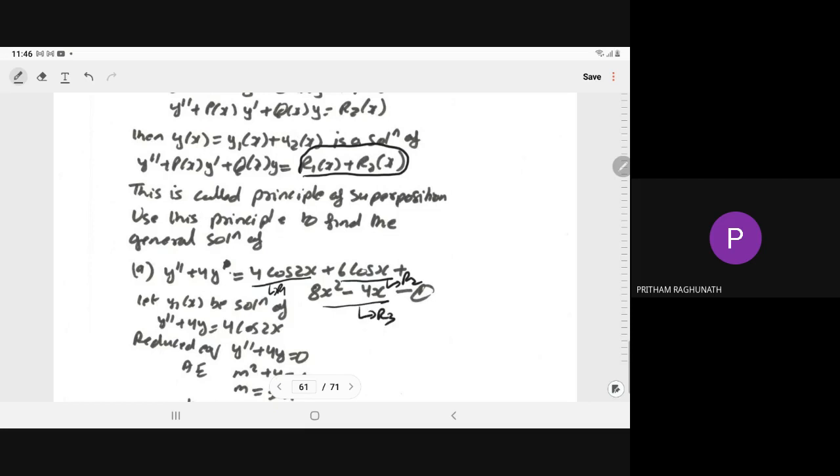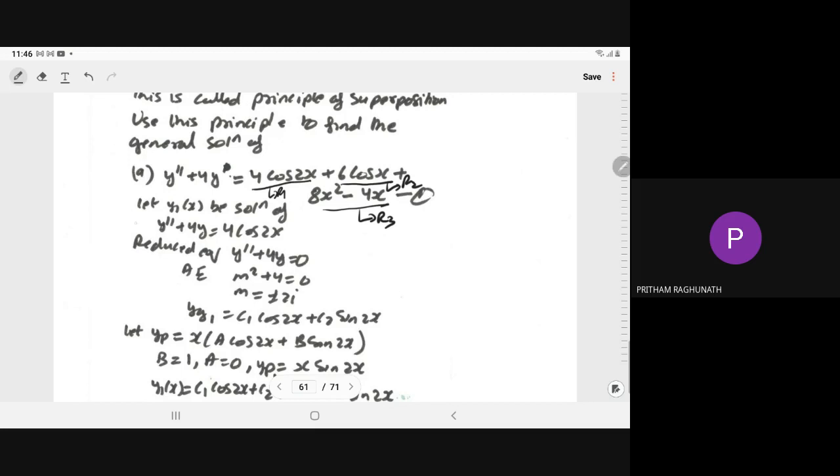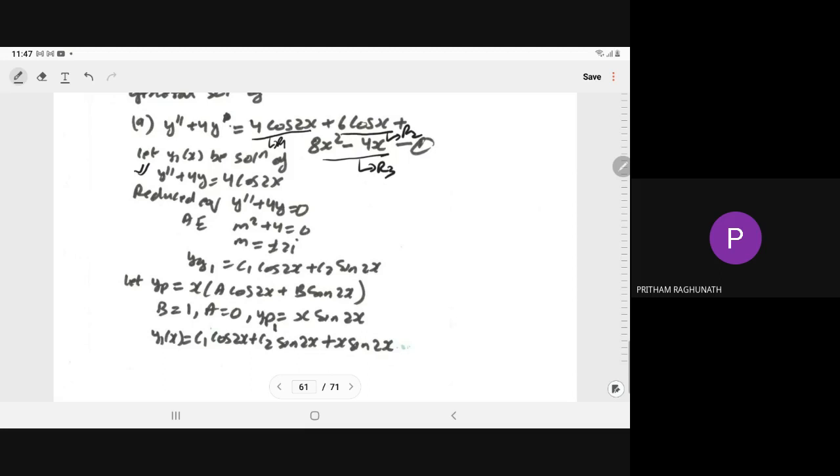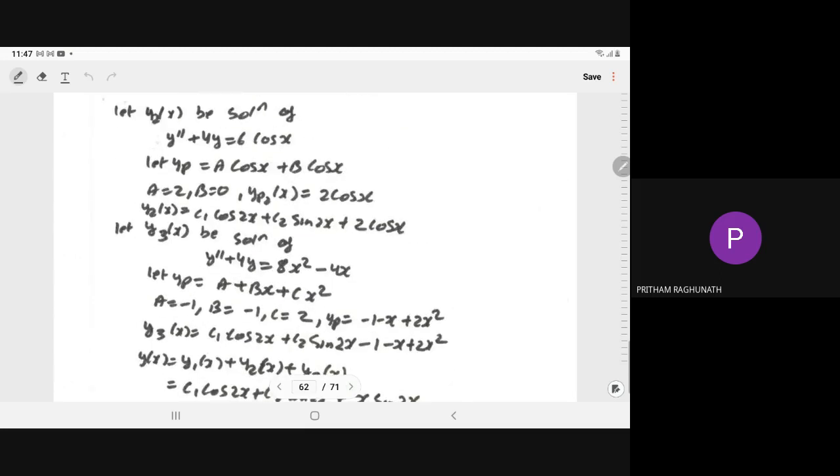So if you solve the three equations independently: y'' + 4y = 4 cos 2x, y'' + 4y = 6 cos x, and the third equation, y'' + 4y = 8x² - 4x.